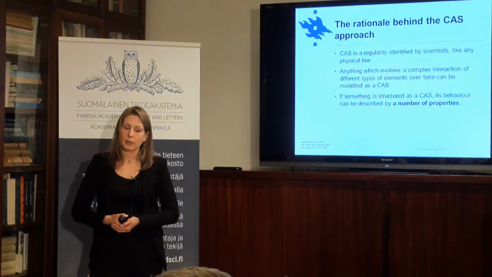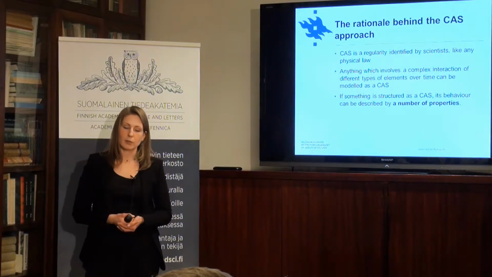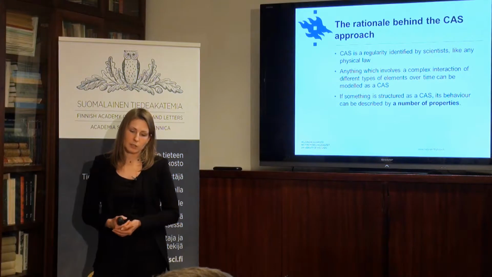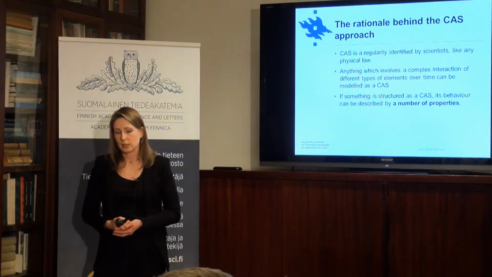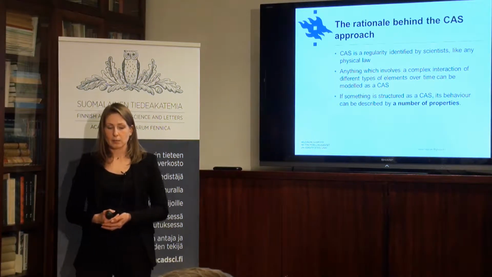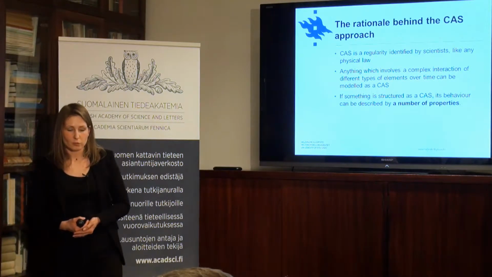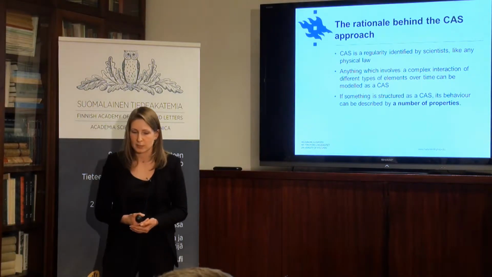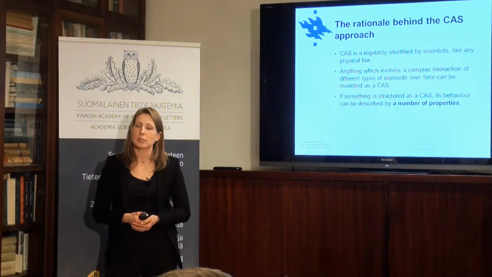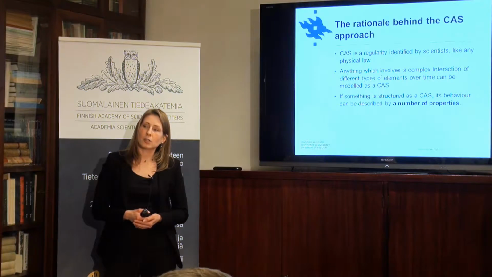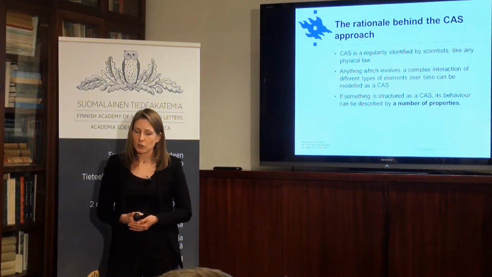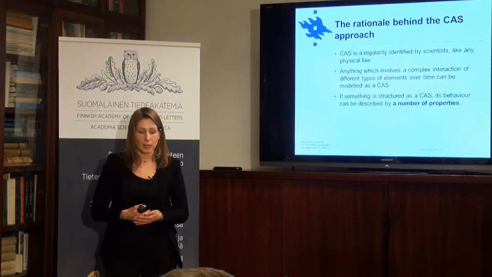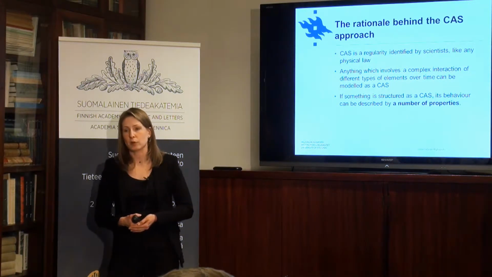Now, the rationale behind modeling something as a complex adaptive system. Basically, a complex system is a regularity that's identified by scientists. And as I've already mentioned, anything which involves a complex interaction of different types of elements over time can be modeled as a complex adaptive system. But the important thing is that if something is structured as a complex system, then it's probably going to exhibit the behavior of a complex adaptive system, which can be described by a number of properties.